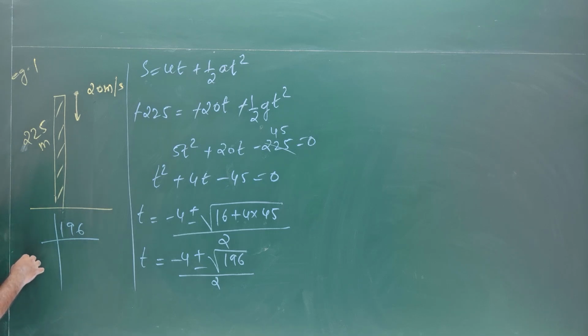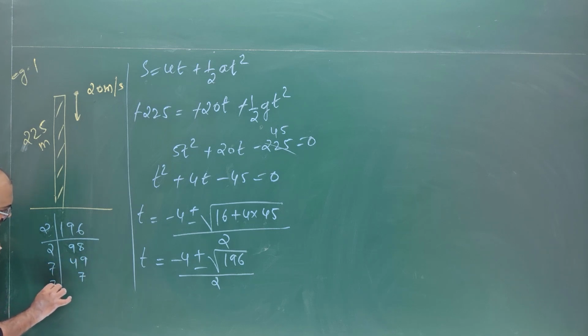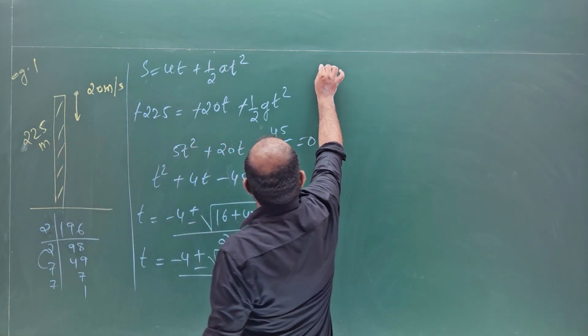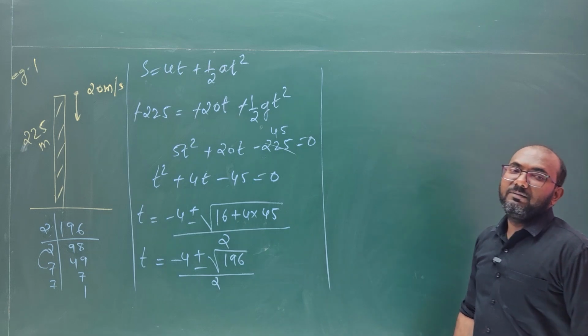Let me see by substituting 6. 6 will not come, so better 2. 2 9s are 18, 2 8s are 16, 7 2s are 14, so 14 is the square root.